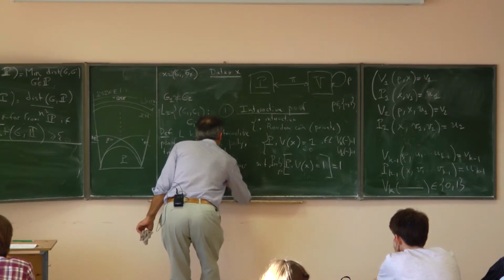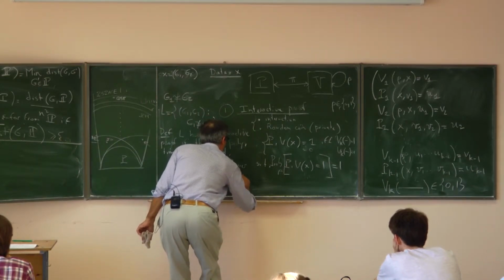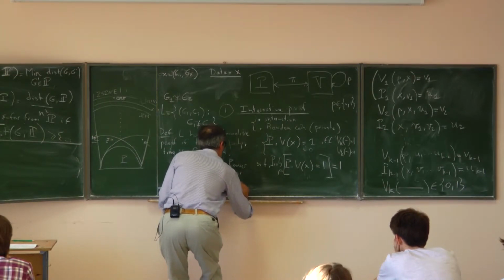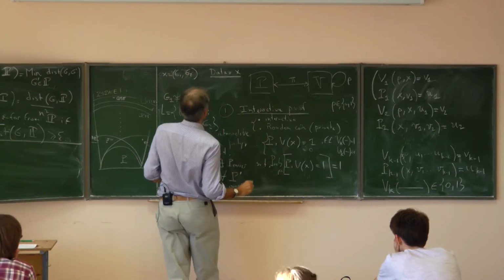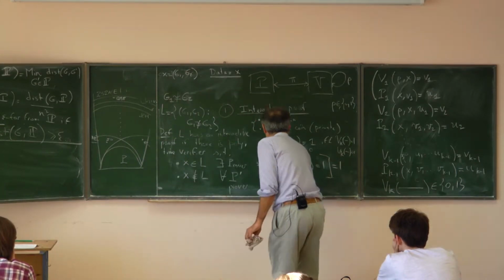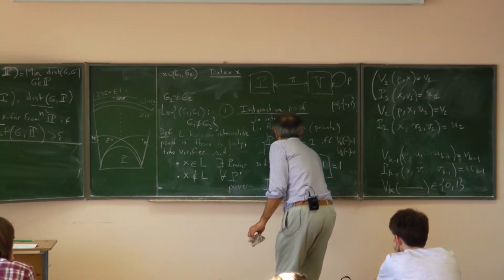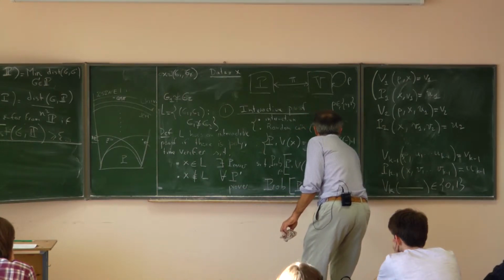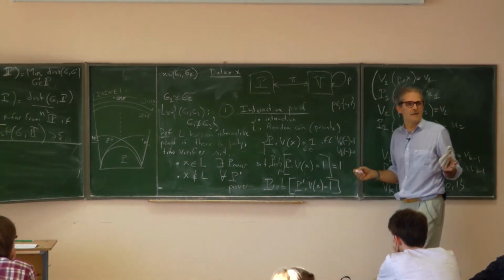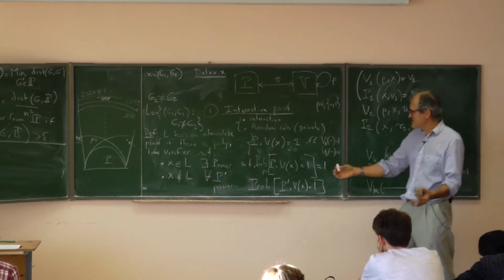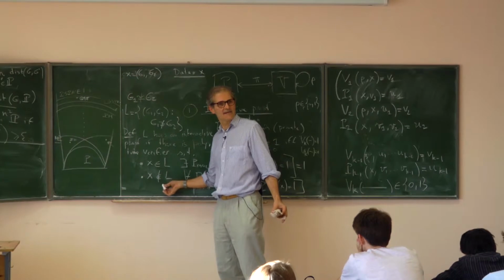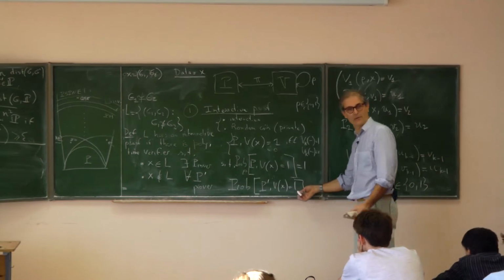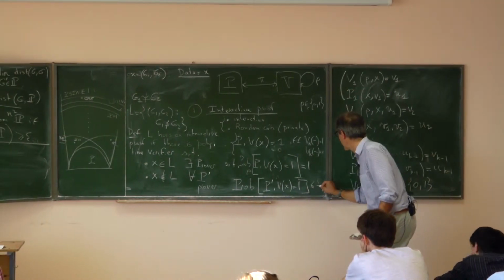Then for all provers p prime, the probability that p prime V x equals 1 should be small, because if the input is not in your language, the verifier should reject. So no prover should force him to accept with probability more than 1/2.